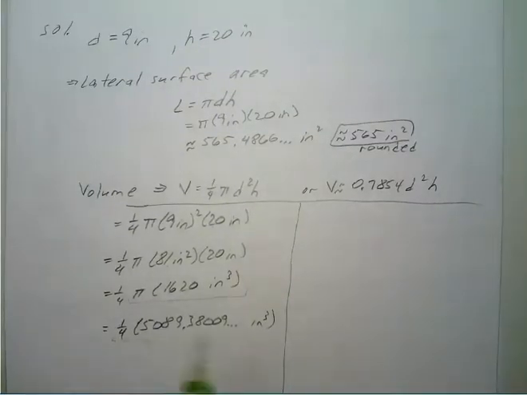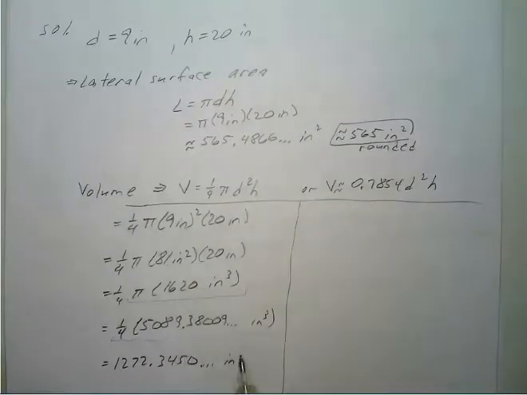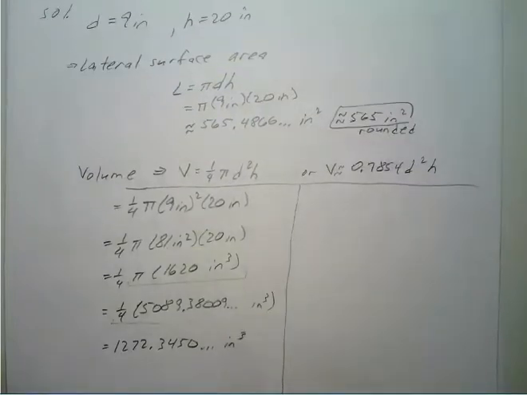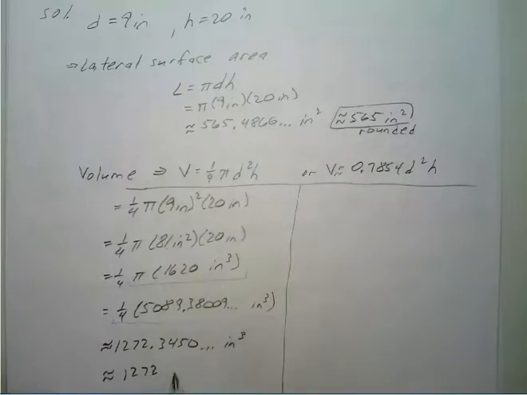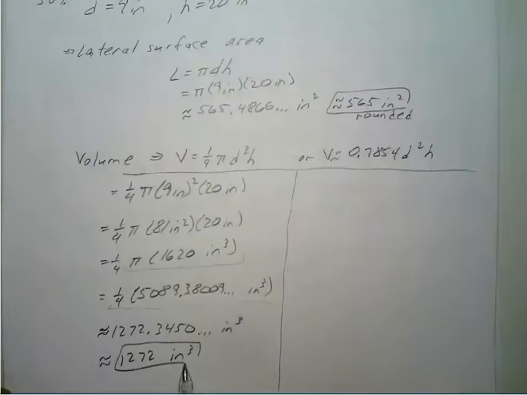Okay, so we multiply those two now, we end up with 1,272.3450, and it keeps on going, cubic inches. Okay, so this should be an approximate value, since it's not exact, we kind of approximated there. But if we round it, we get 1,272 cubic inches for our rounded value.